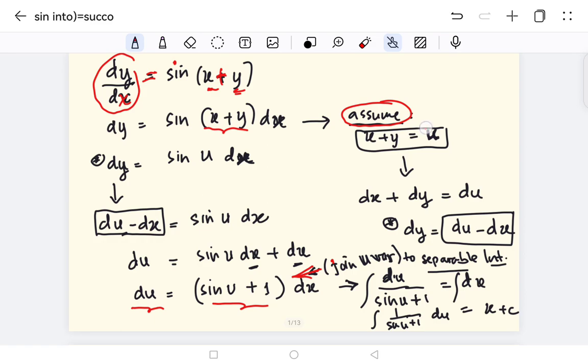So let's assume this as the u variable, u, not x. Just like that.